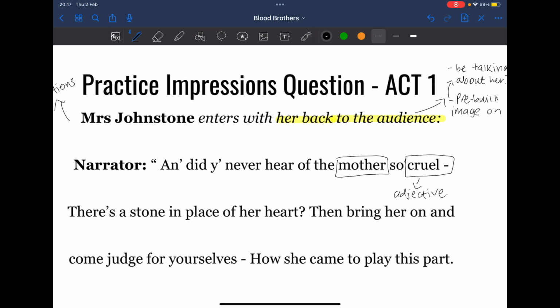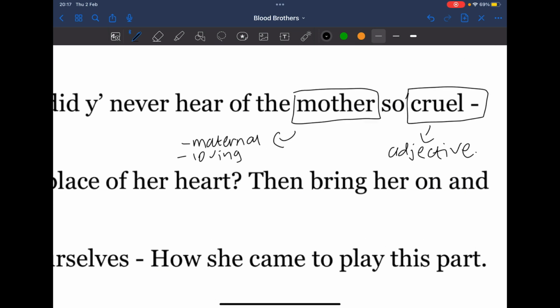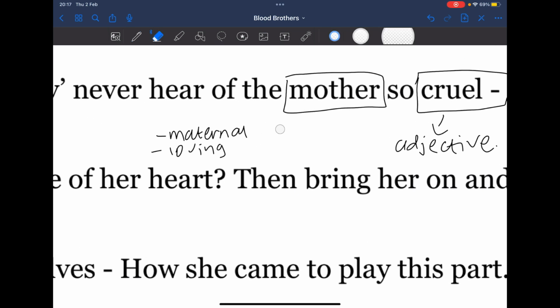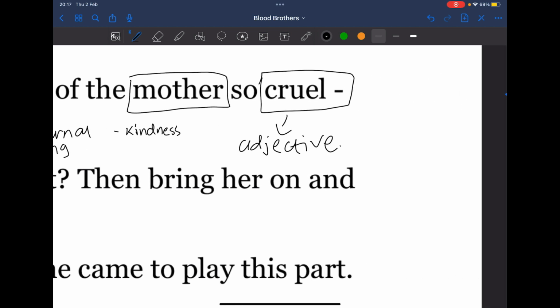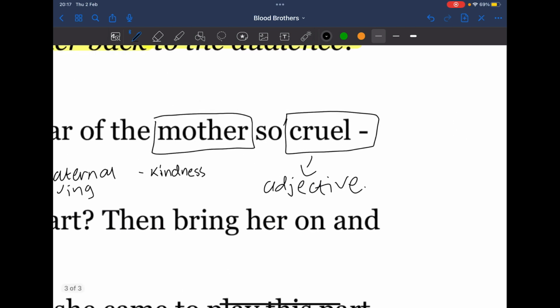But it's the fact that these two words are so contrasting, because when you think of a mother, you're thinking of maternal, you're thinking of loving, you're thinking of all these different qualities that make a mother. If I just clear up some space there, you've got things like kindness. And that is a complete opposite to what we're being told Mrs. Johnston is.